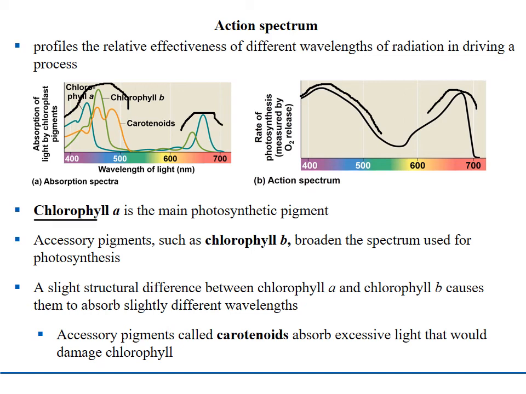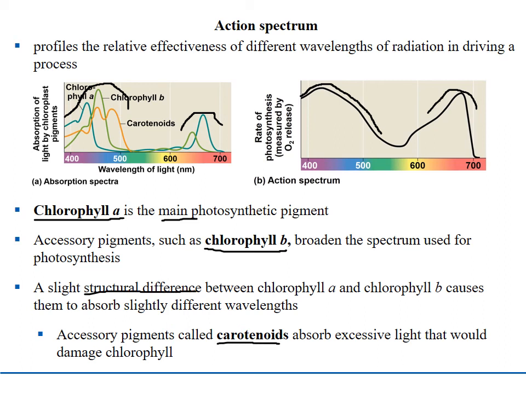Chlorophyll A is the main photosynthetic pigment that you need to be concerned about. Chlorophyll B is an accessory pigment that makes the spectrum a little bit broader and allows for a little better usage of the light. This is purely based on structural differences between these two molecules.